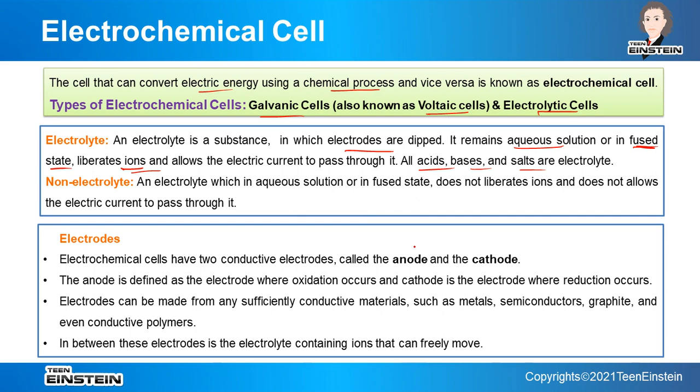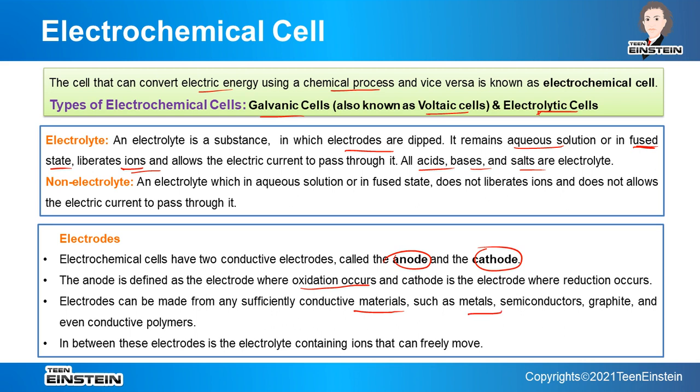So how will we define these two, anode and cathode? Anode is defined as the electrode where oxidation occurs. Whether it is a galvanic cell or an electrolytic cell is not important, but the common point is that in both cases, in the anode oxidation takes place, and in the cathode reduction takes place. Now the electrode can be made from any sufficiently conductive material, otherwise how will electrons move.